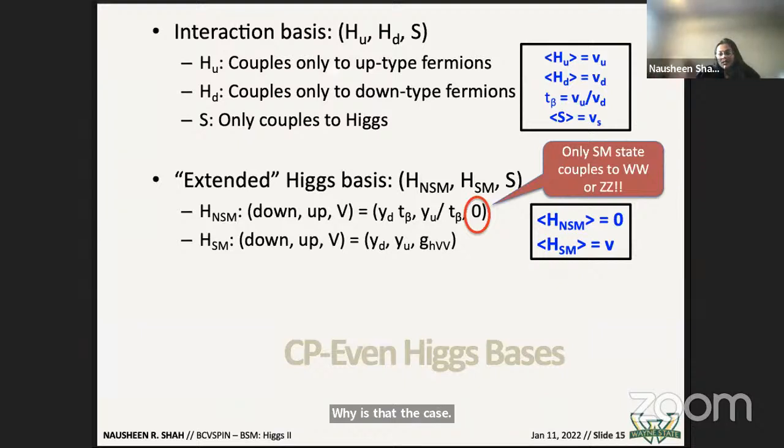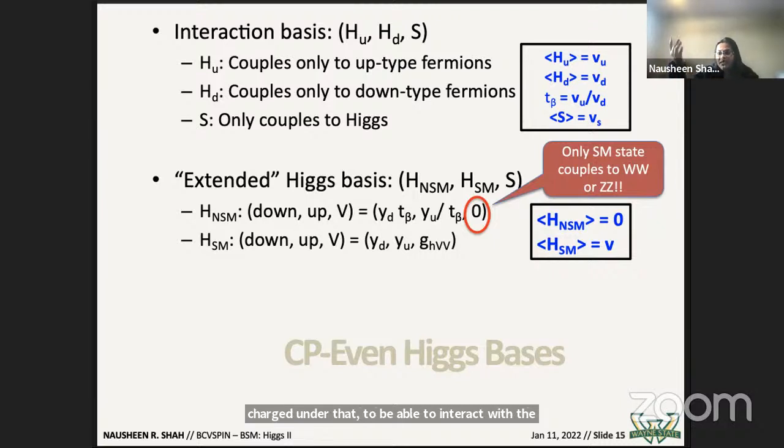It's a singlet, right? It does not have any standard model gauge charges, which means you can't write down an interaction with any of the standard model particles. It can't couple to any of the gauge bosons, because you have to be charged under that to interact with a gauge boson.